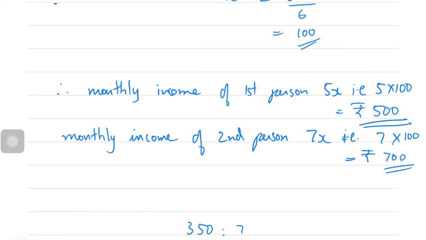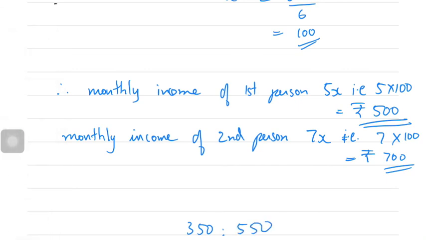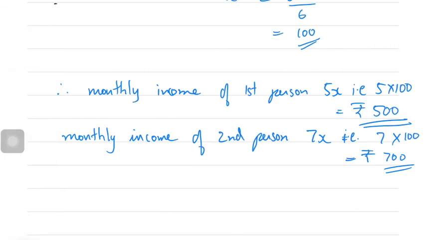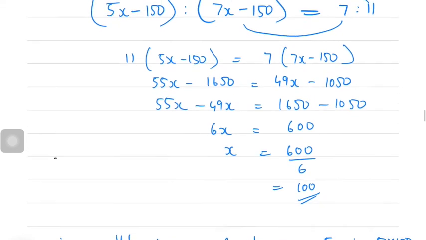So expenditure is in the ratio of 350 is to 550. When you reduce this, it will be 7 is to 11. So you can check your answer this way.